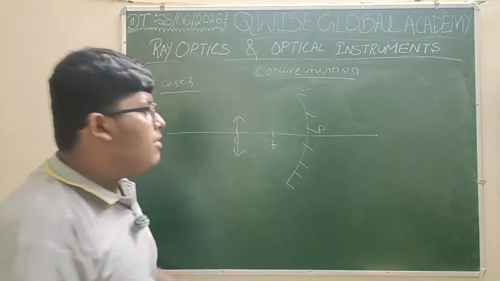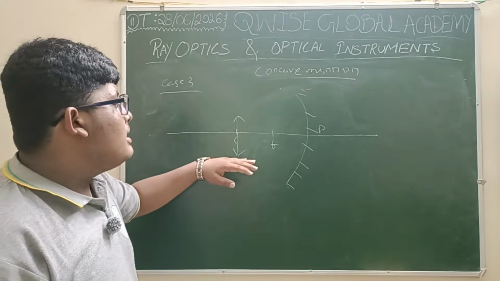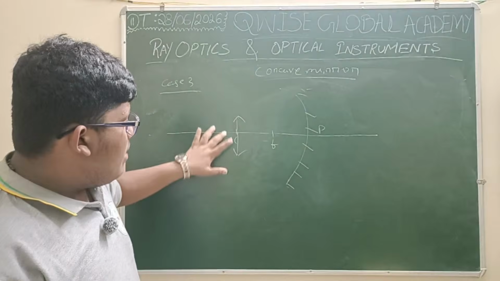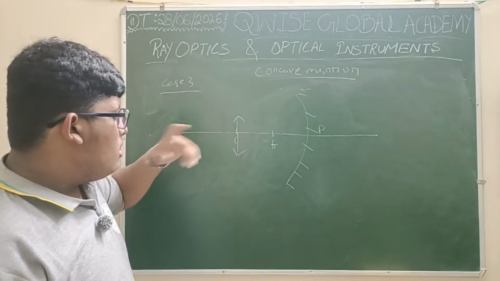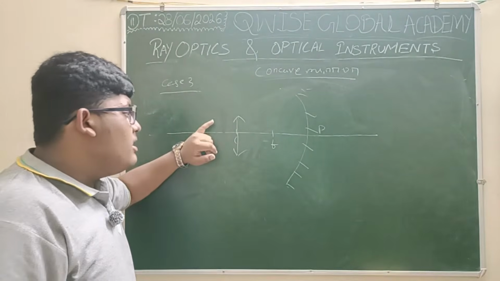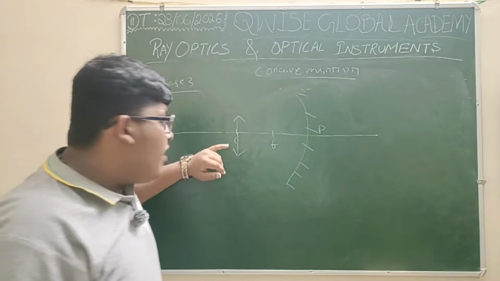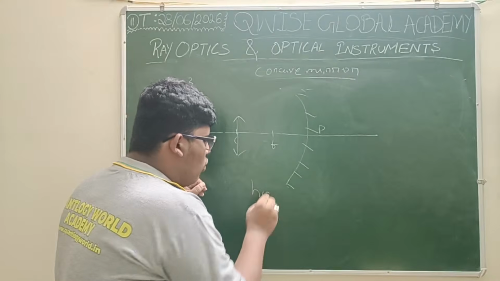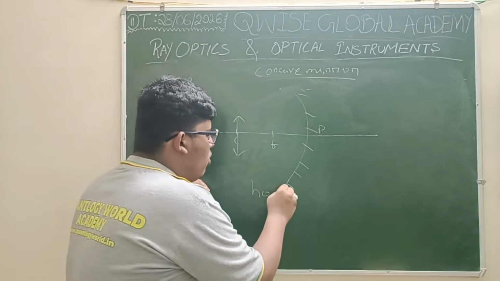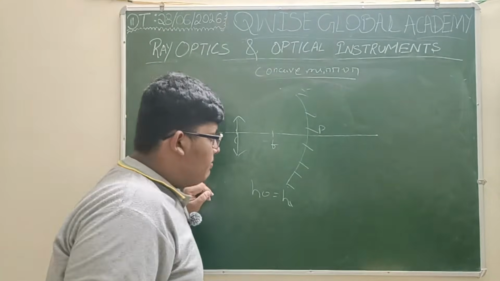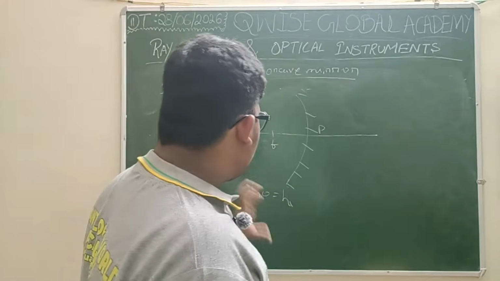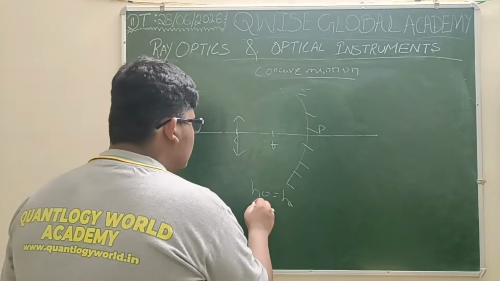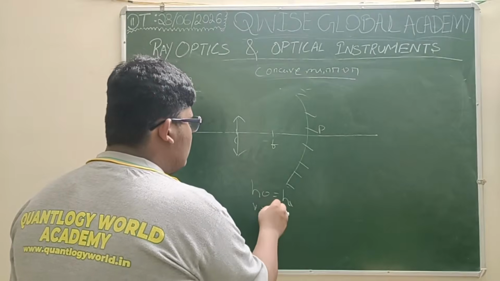Size remains the same, means if the height of the object is 5 centimeter, then the height of the image will also be 5 centimeter. Here HO, that is height of the object, is equal to height of the image, that is HI. And distance also remains the same, means image distance, that is V, is equal to object distance, that is U.